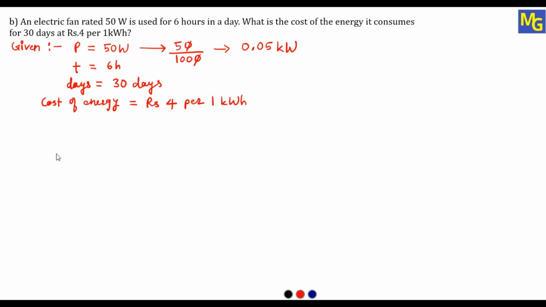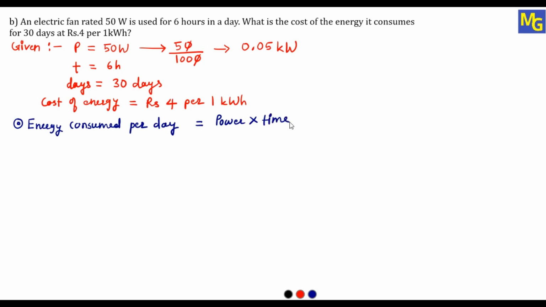Now we will start finding the answer. First we will find energy consumed per day. So I'll write it here, energy consumed per day. First find it for per day, and then we will find it for 30 days. So for this, the formula is power into time.